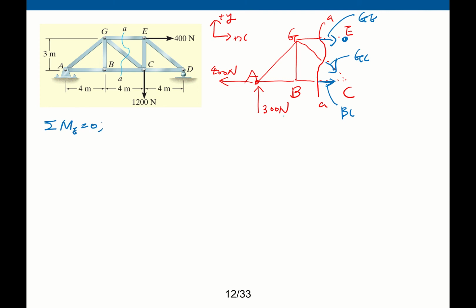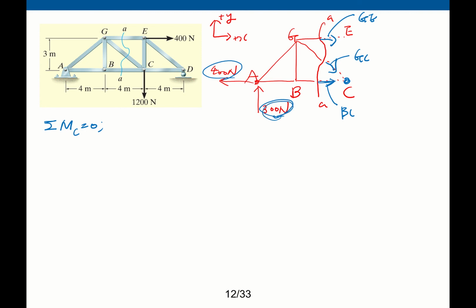Then you can see that this one creates a clockwise rotation, this one also creates a clockwise rotation, and this one creates a counterclockwise rotation. Oh, wait a minute. Not E, I think we should choose C. Sorry. Because this one creates another clockwise rotation, it's going to be difficult. Not E. Let's choose point C.